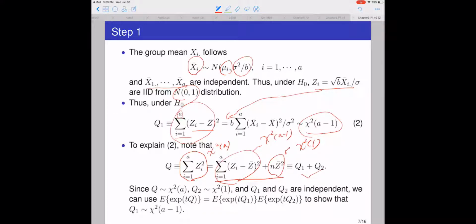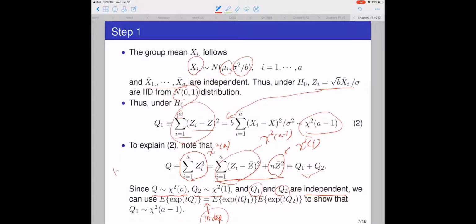So Q is chi-square A, Q2 is chi-square 1, and Q1 and Q2 are independent. So what is this? This is equality by independence, right? And then this is basically the MGF of the chi-square distribution.